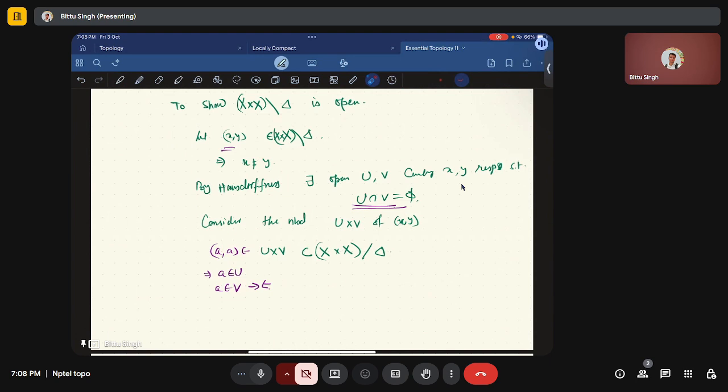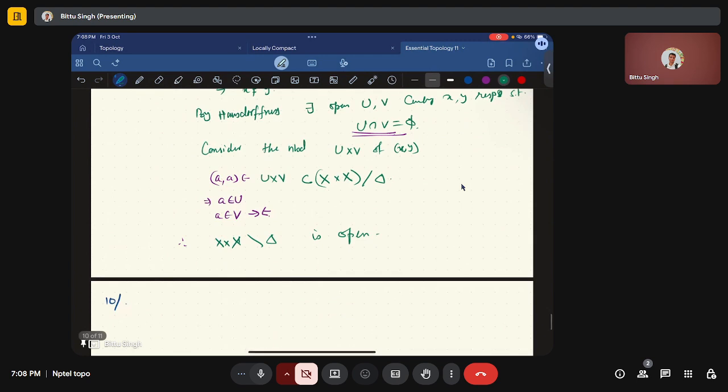Therefore, the complement of the diagonal is open, and the diagonal is closed. And similarly, you can show the reverse direction. The proof is very easy.